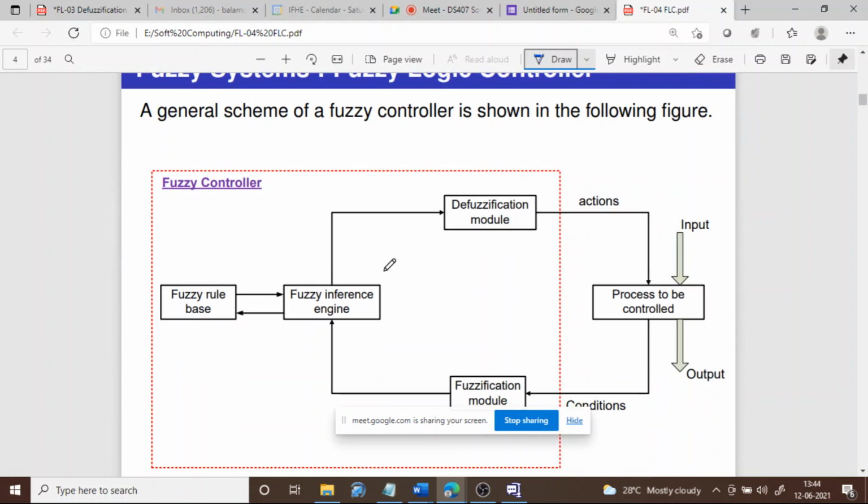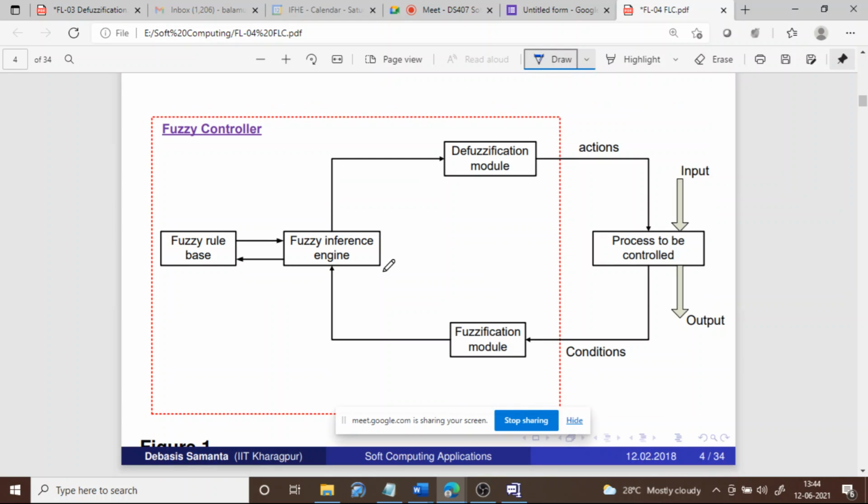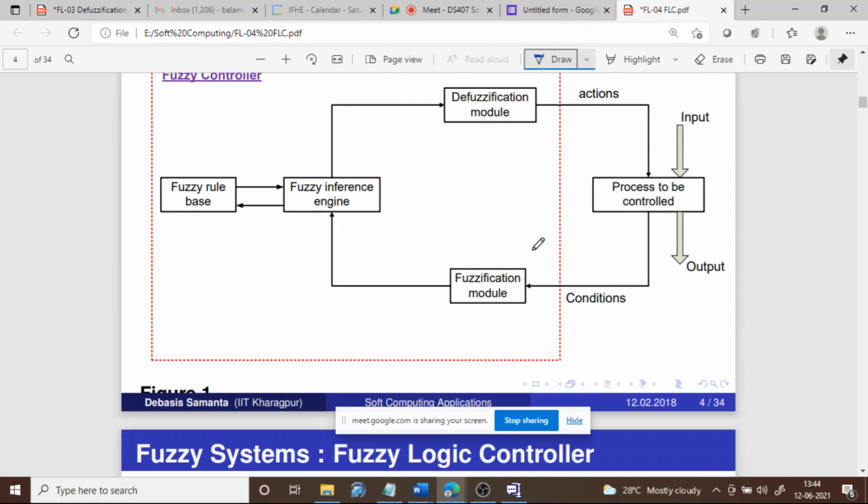So this is the general block diagram of a fuzzy controller. This part is the input. Here the input comes. The input is normally a crisp input, and this input goes to the fuzzification module. This module converts the crisp input to a fuzzy value.